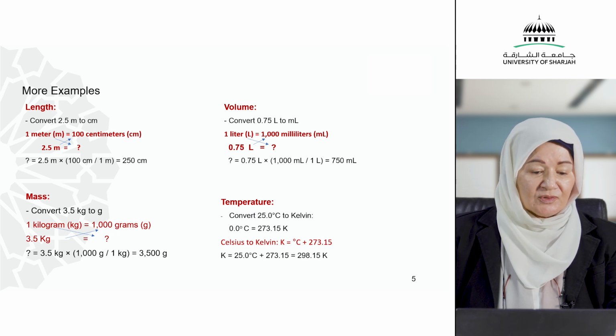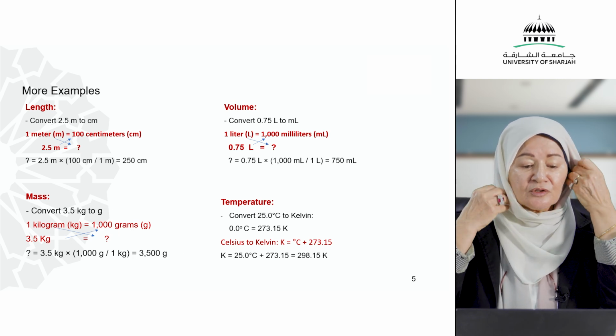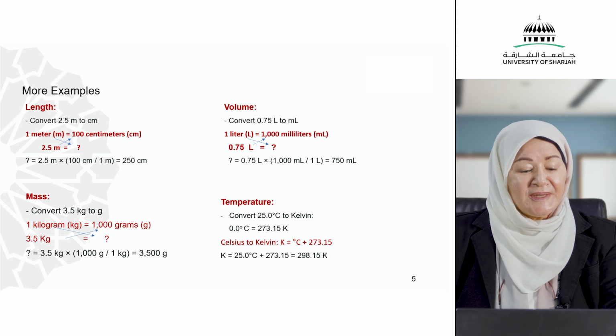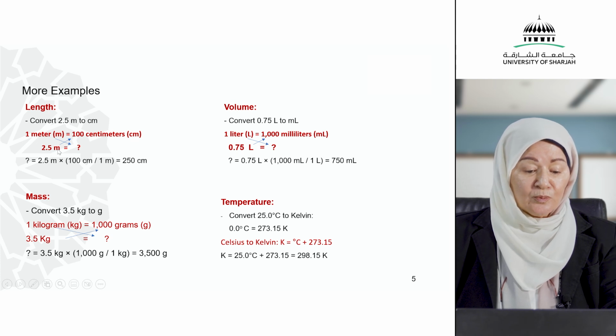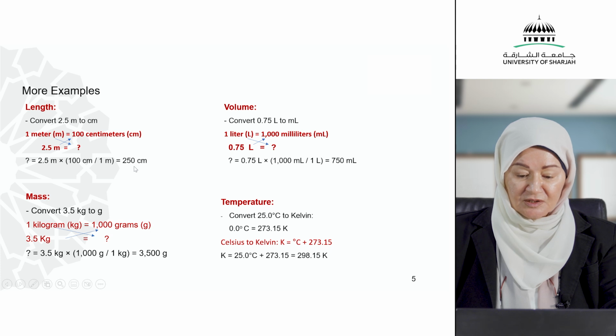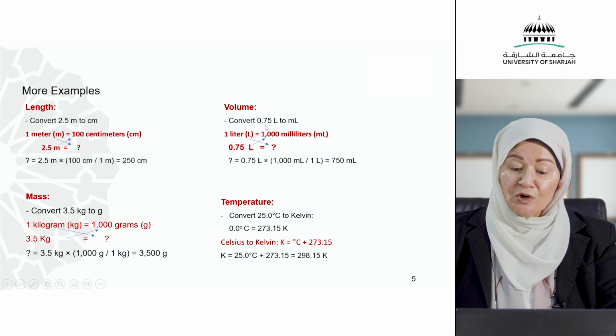I have more examples. Here I want to convert 2.5 meters to centimeters. For every 1 meter, there are 100 centimeters. How much will 2.5 meters be in centimeters? 2.5 times 100 over 1. It will be 250 centimeters. What about volume? Convert 0.75 liter to milliliters.